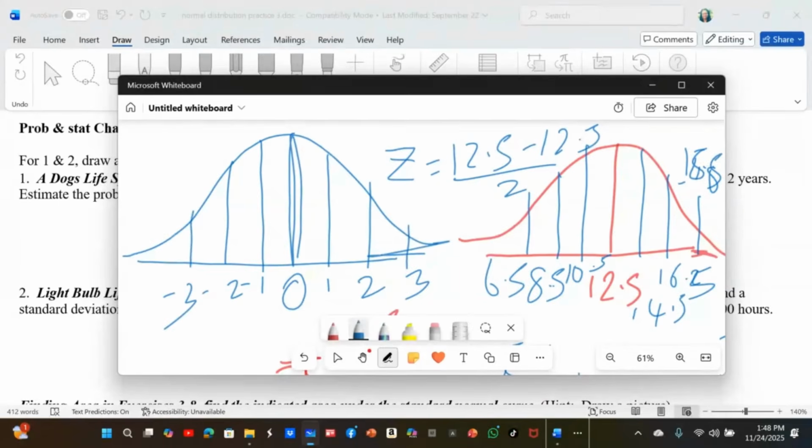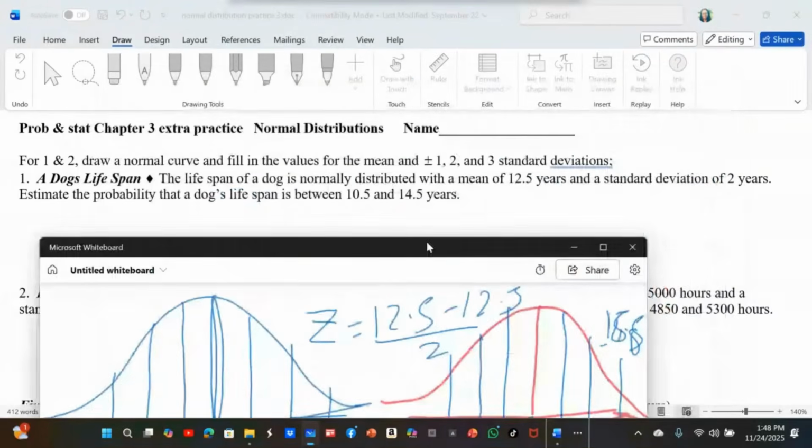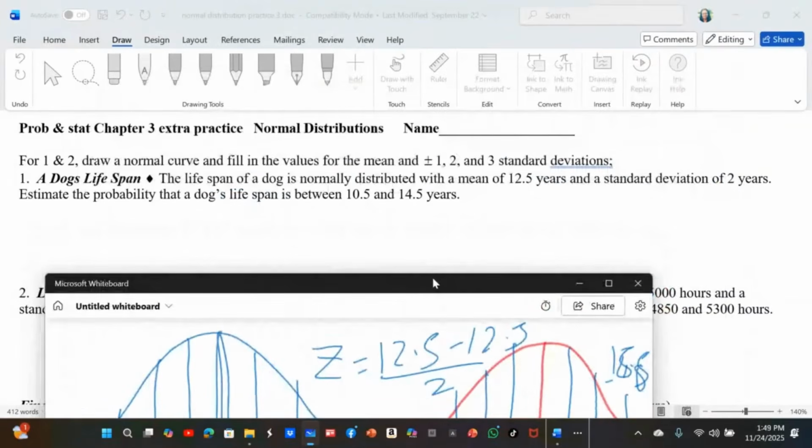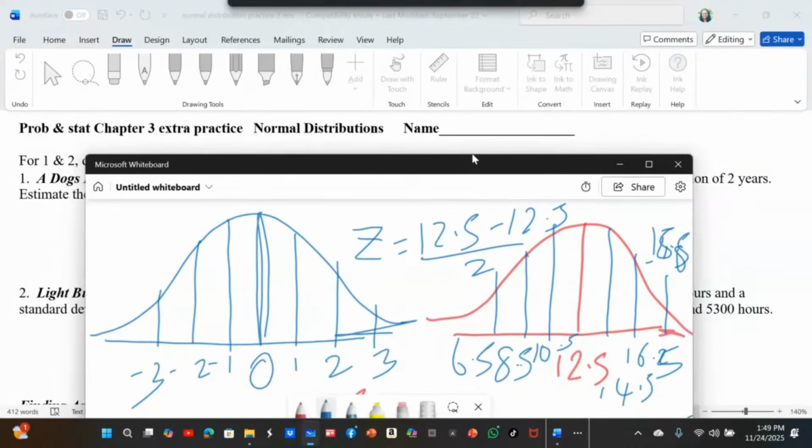So I can actually answer the question: estimate the probability that a dog's lifespan is between 10.5 and 14.5.